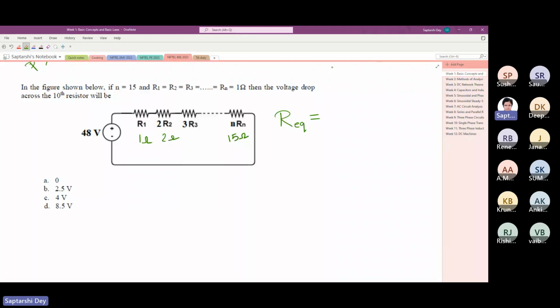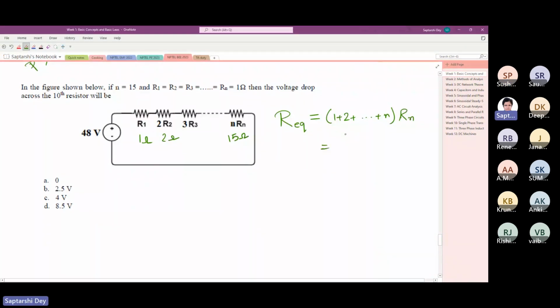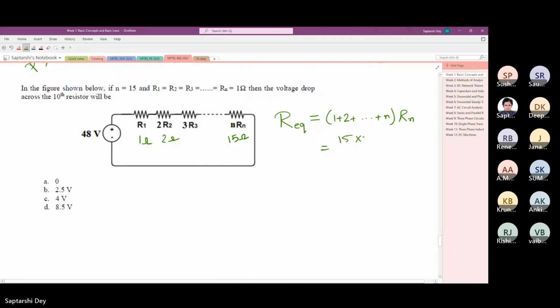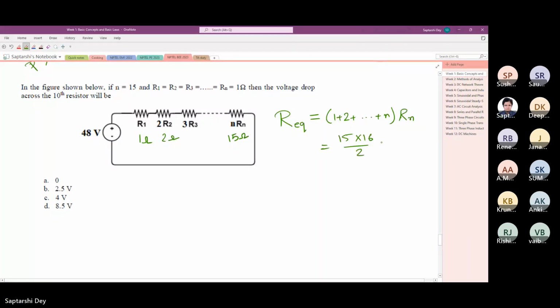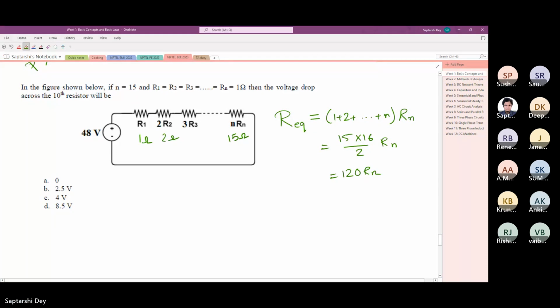What is the total equivalent resistance? 120 ohm.